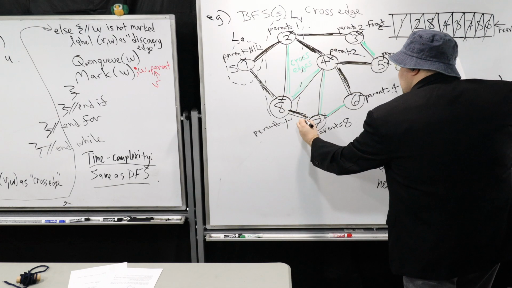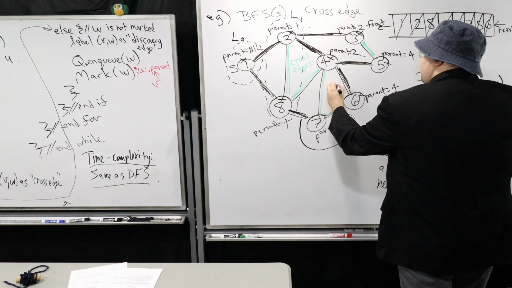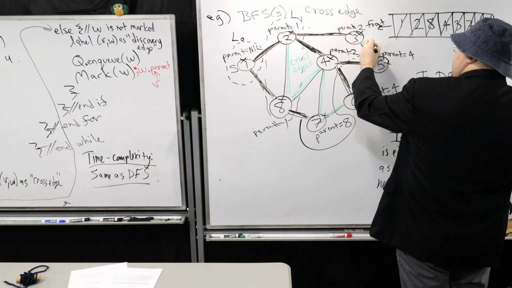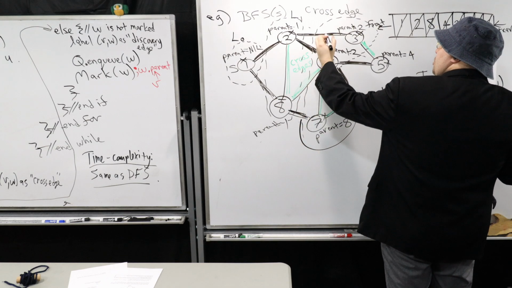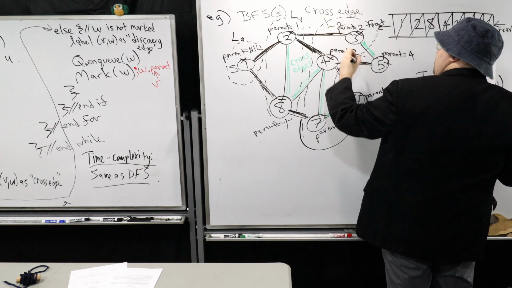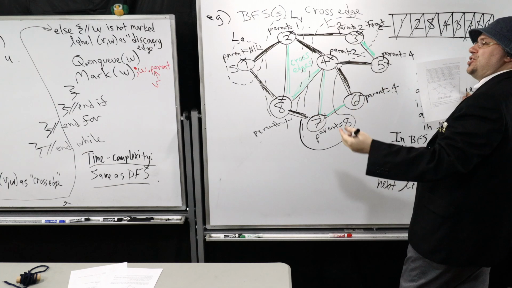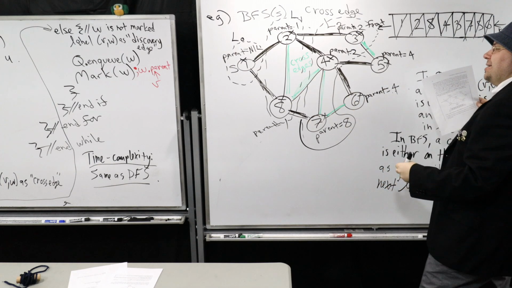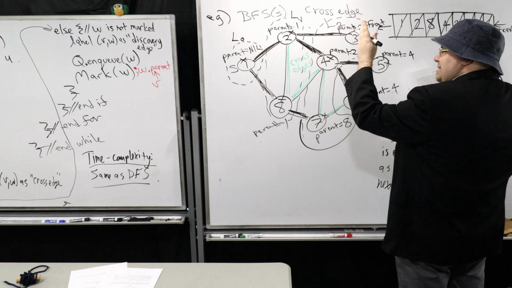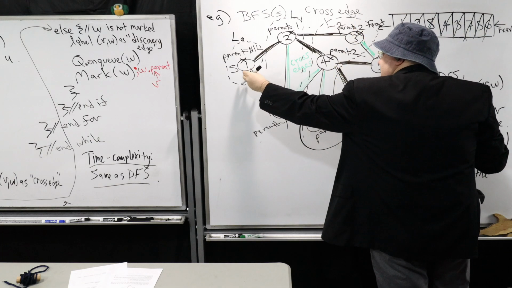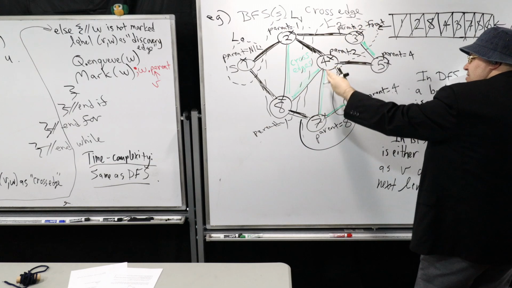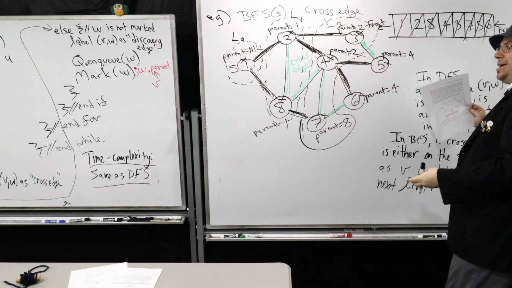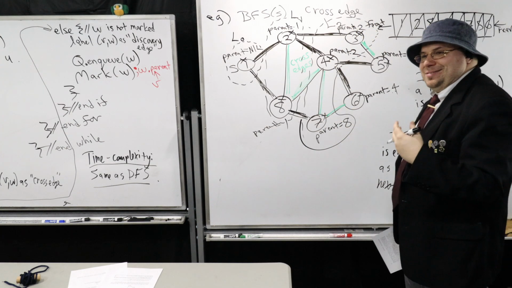So all of these vertices that I have right here are in level 2. They need 2 edges to reach them. So this is L2, the second level. Notice how many edges I have to use to reach them: 1, then 2.